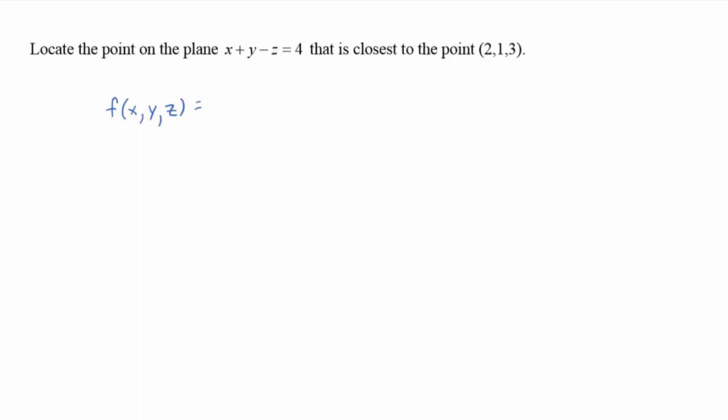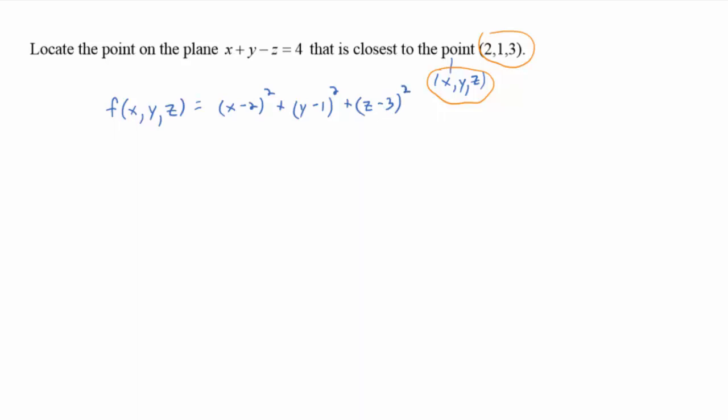Distance formula. So the point could be x, y, z, right? So how do you find the distance between x, y, z and 2, 1, 3? Well, the squared distance. You would say take the difference between the x values, x minus 2, and square them, plus the difference between the y values, y minus 1 squared, plus z minus 3 squared, like that.